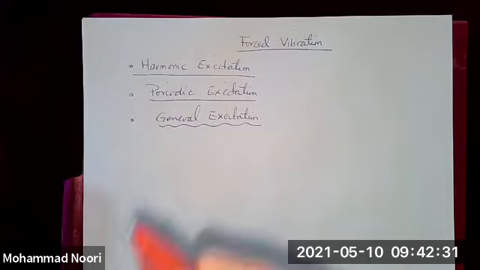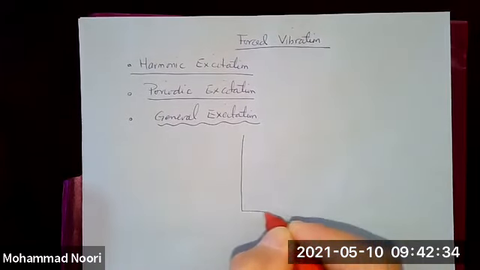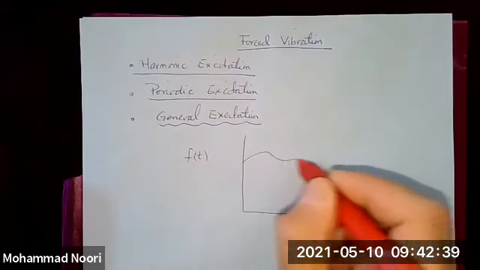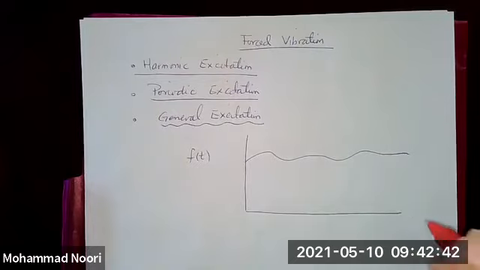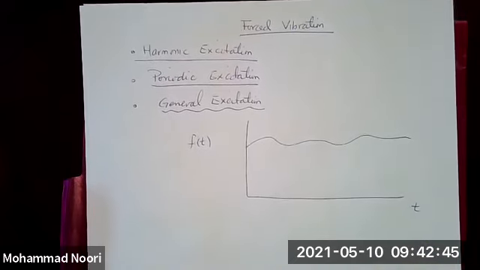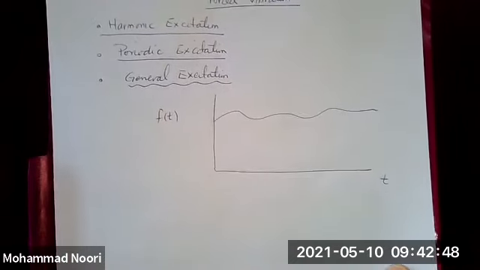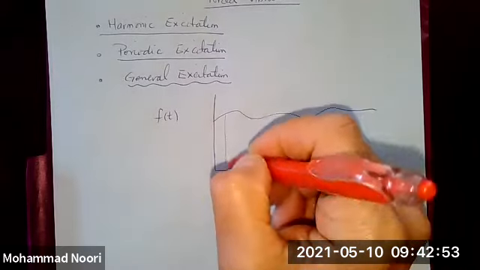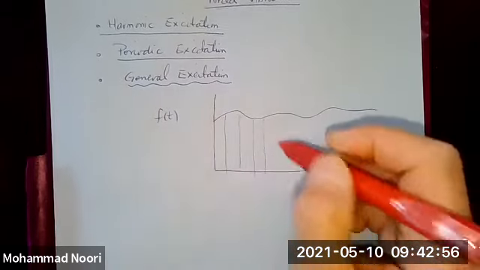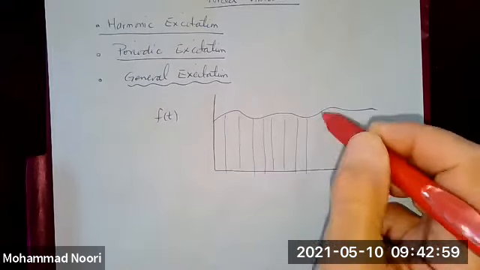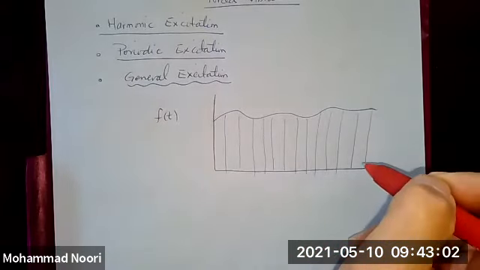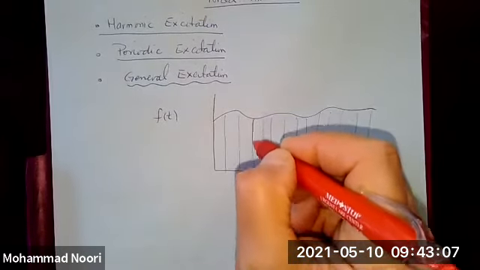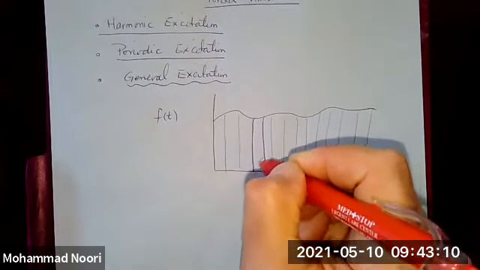In other words, let's say you have a forcing function like this, which has an arbitrary shape. And how do you want to find the response of the system under this function? This is what we do. If I divide this into small segments of time, and consider one of these strips.